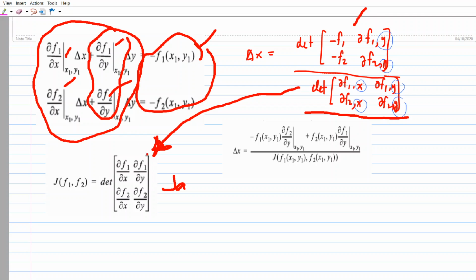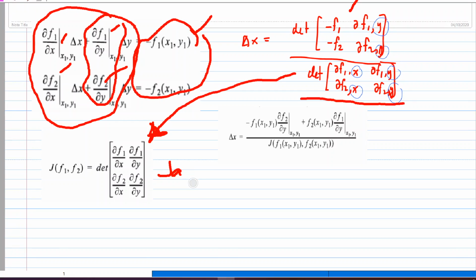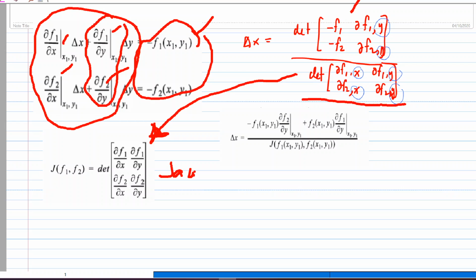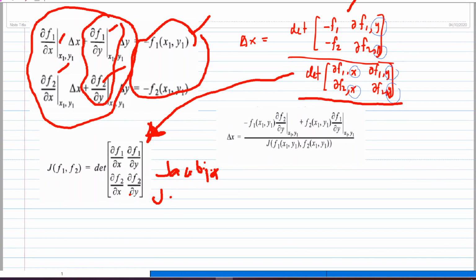Since we're dealing with more than one variable, you will always have to find the Jacobian.